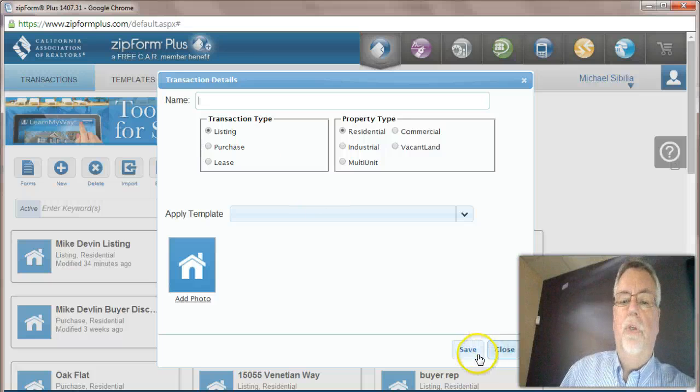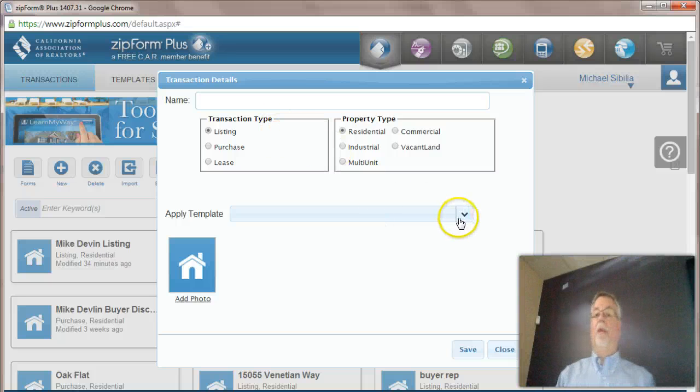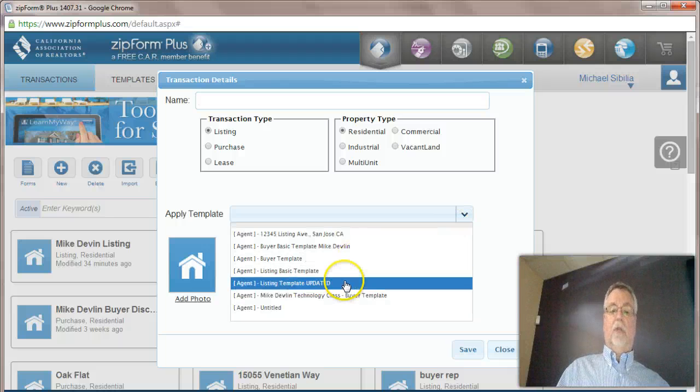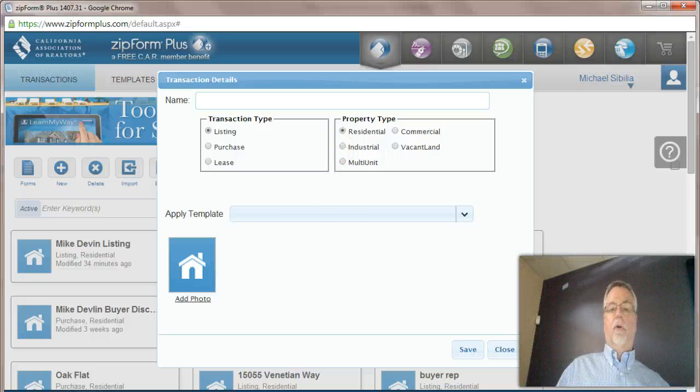And then when you save it, you can save it as a template. That allows you to get a drop-down list like this so that you could just pick the template and it would add all that information in it.